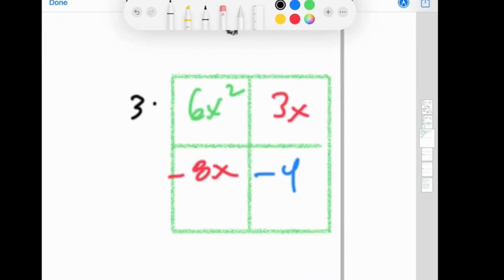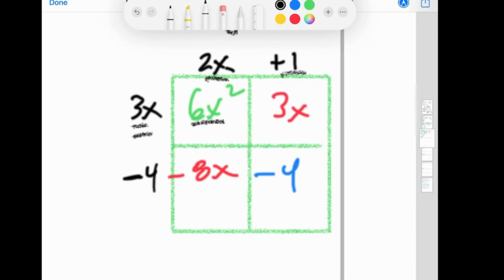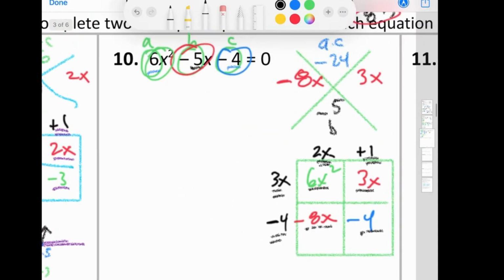This would be 3x. Next row would be negative 4. Greatest common factor of the first column on the left is 2x. And this one will be a plus 1. Okay, double check by multiplying: 3x times 2x, 6x squared, 3x times 1, 3x, 2x times negative 4, negative 8x, and negative 4 times 1 is negative 4.